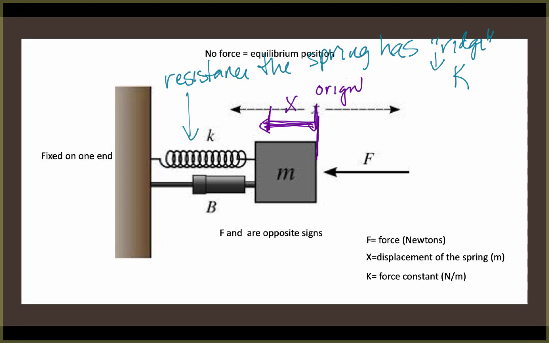So we have this formula, F(x) equals negative kx. This is known as Hooke's law. It says we can figure out how much force it takes to get this guy back to its original point if we push it or pull it.